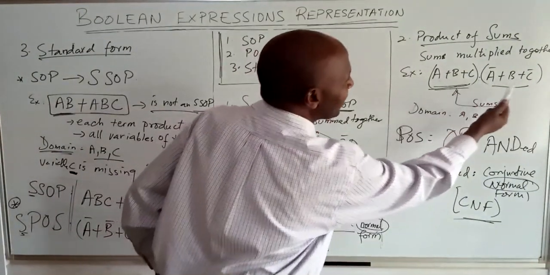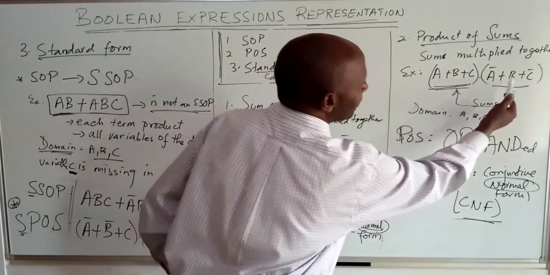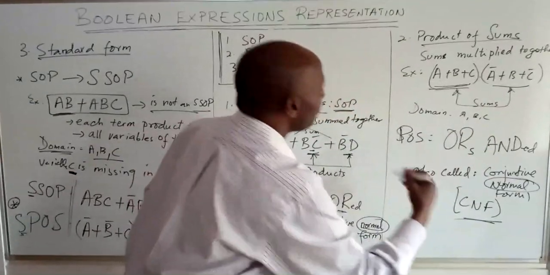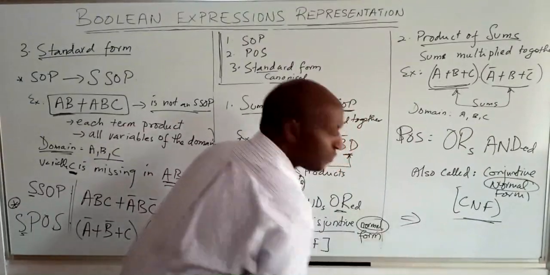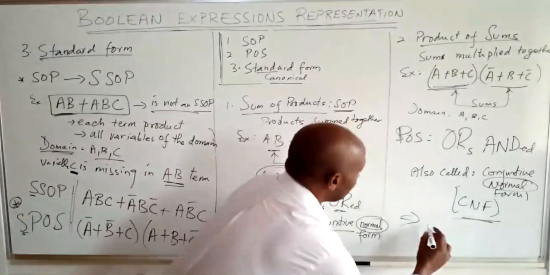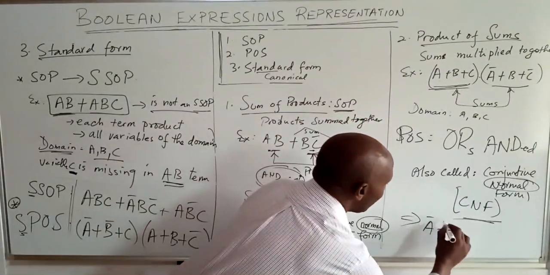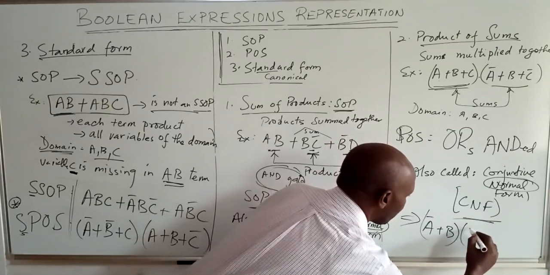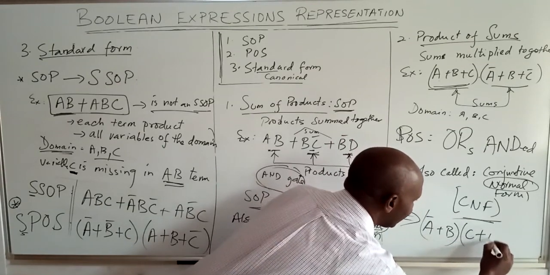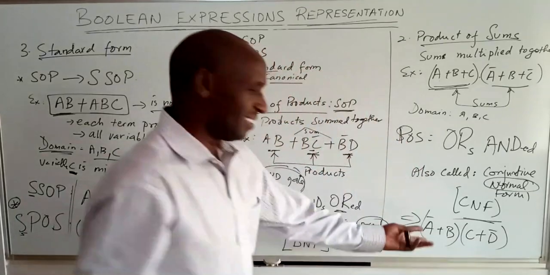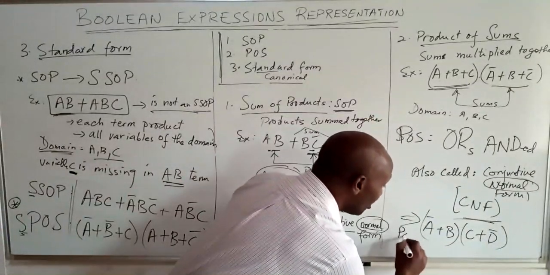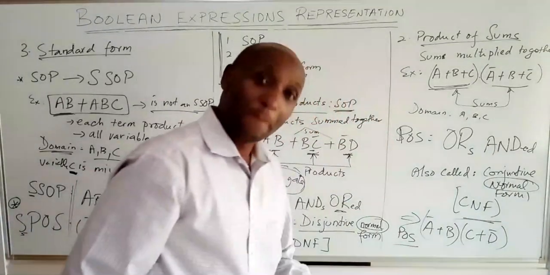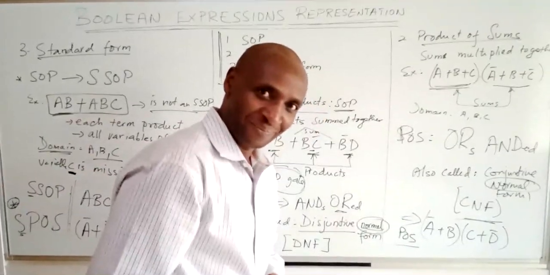Yes, this is standard because A, B, C. But if we have, for example, A bar plus B, and then C plus D bar, look at this expression. It is a normal POS, but it is not standard.